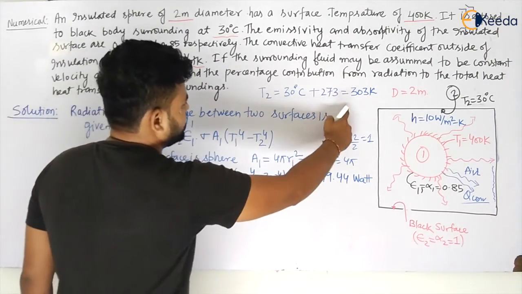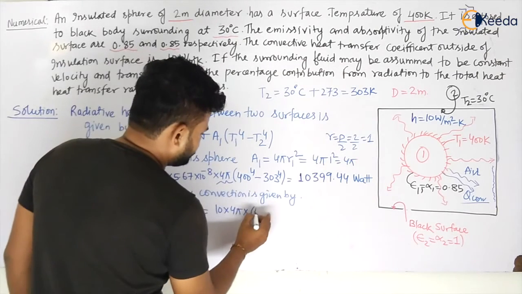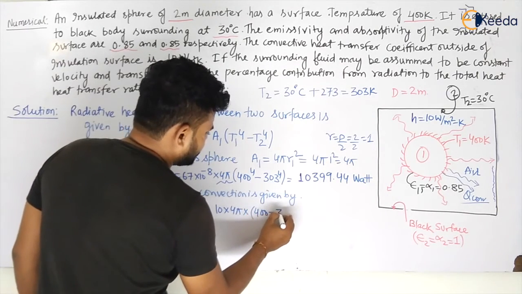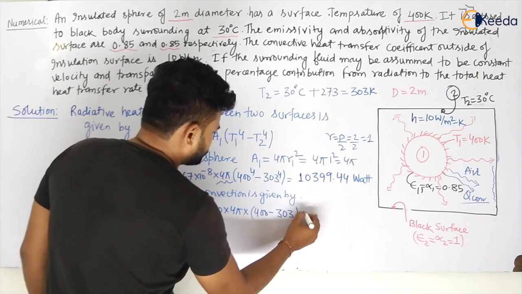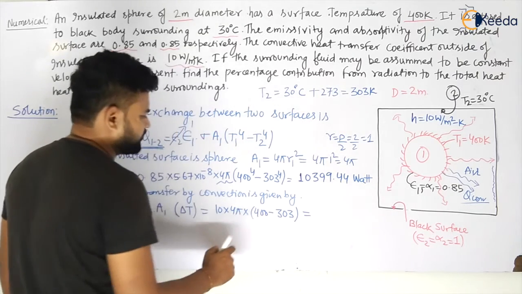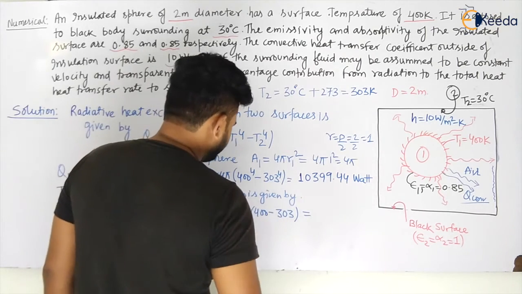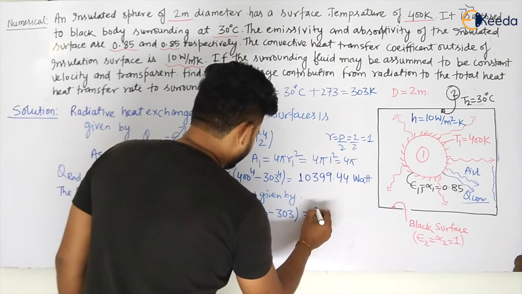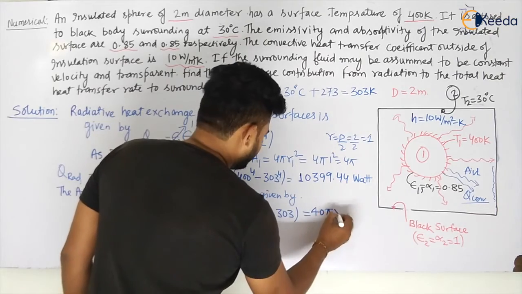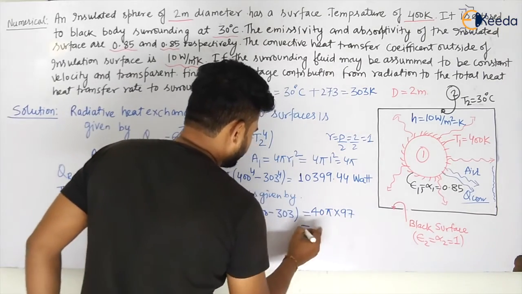That is 400 Kelvin minus 303. So this will be 97, my dear students. Okay, now this will be 40 pi into 97, my dear students.